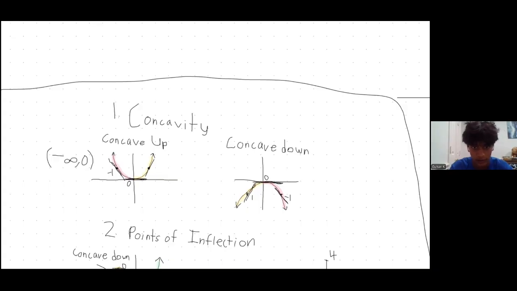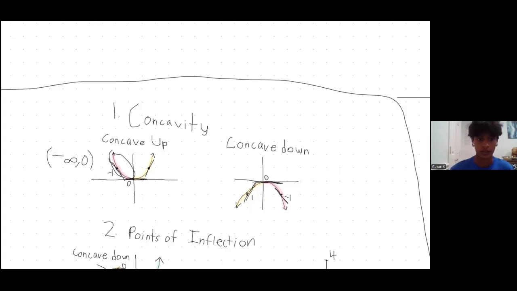So now let's look at the significance of these highlights. The red highlight, yellow highlight, yellow highlight, red highlight. Let's look at this part first, right here. In this part, the graph is concave up, so the rate of change is increasing, but you can see that the graph itself is decreasing.